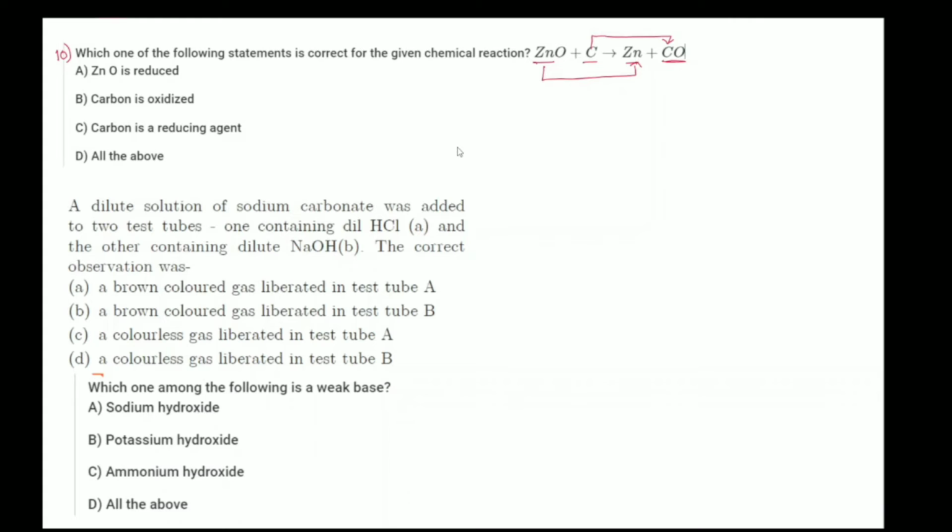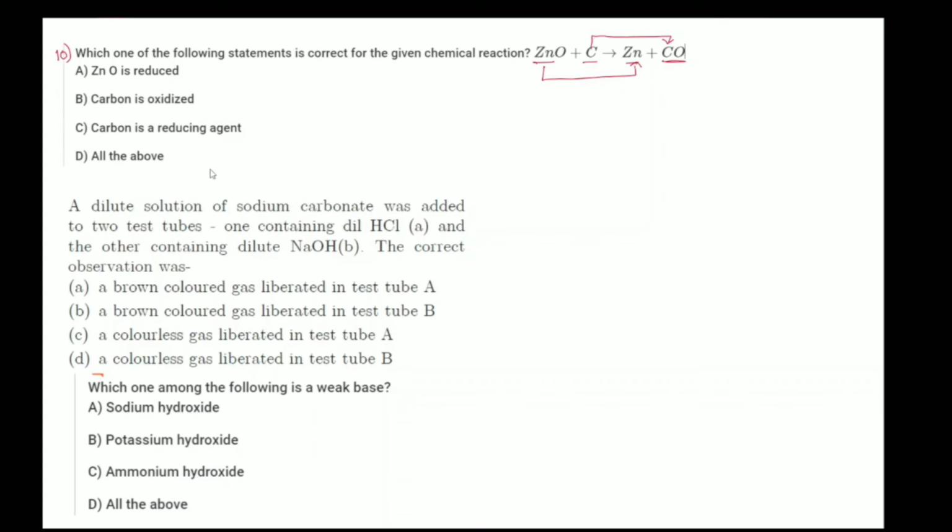So what is a reducing agent? A substance which gets oxidized but reduces others, right? Here carbon is getting oxygen, so it is getting oxidized, but it reduces others. So it is making this zinc oxide lose oxygen, right? So this is a reducing agent.